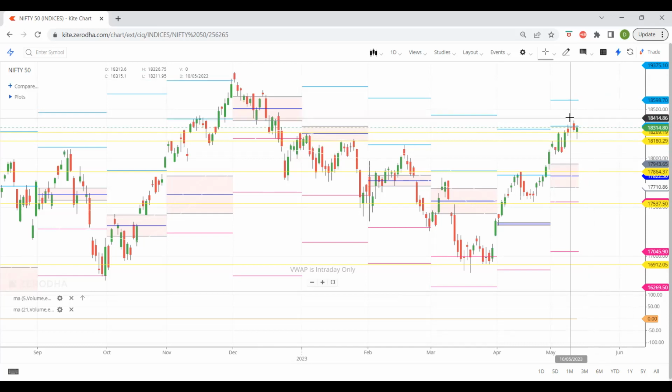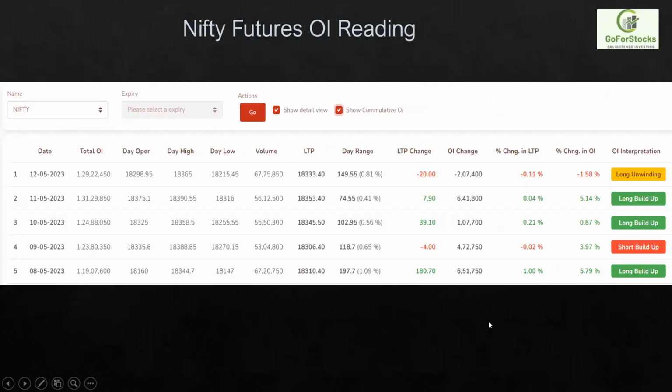Now let's look at the futures OI data. These are the readings of the last 5 days, end of day OI data for all the three expiries. When we tick on this box, it shows the cumulative OI figures. As we can see, on 4 days there has been a buildup in open interest.